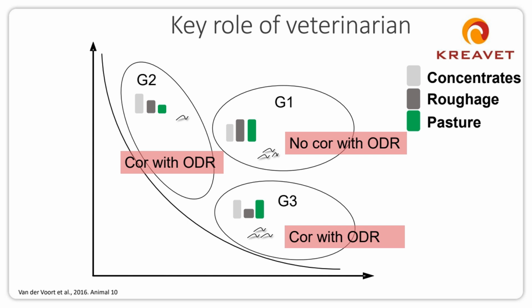And this is reflected in these bars. So high amount of ravage, a high amount of pasture, and a considerable amount of concentrate. However, what we saw, despite on these farms, on average, they had also an overall high infection level, which was normal because they made high use of pasture. We did not find any correlation between ODR, so between the infection and efficiency and the production.